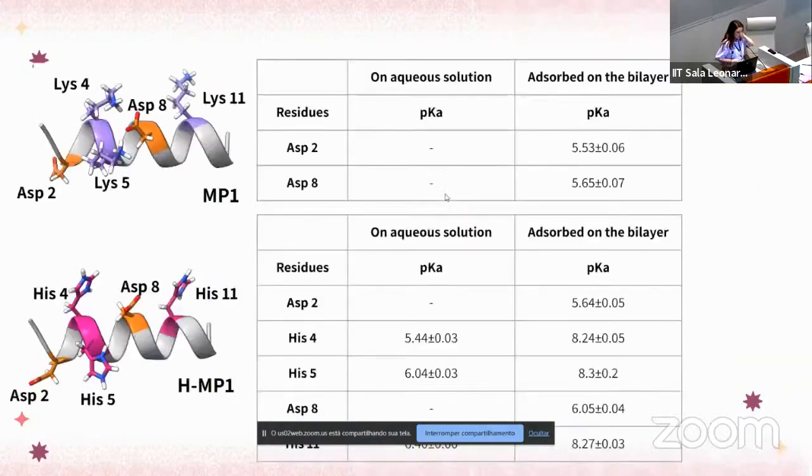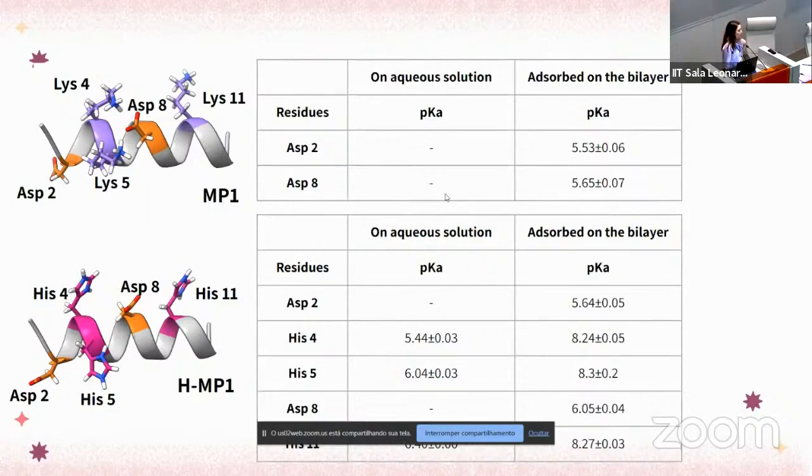I also have some pKa estimations, but as I told you, I only did 3 pHs, so I was not able to estimate pKa for all the residues, only aspartic acids on the MP1, because lysines were always protonated at this pH. And for HMP1, we got the histidines and the aspartic acids only on adsorbate.